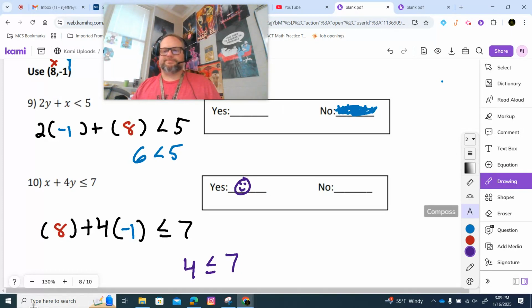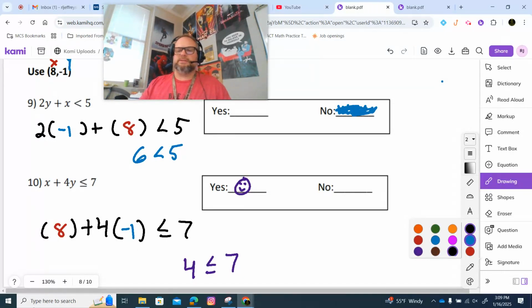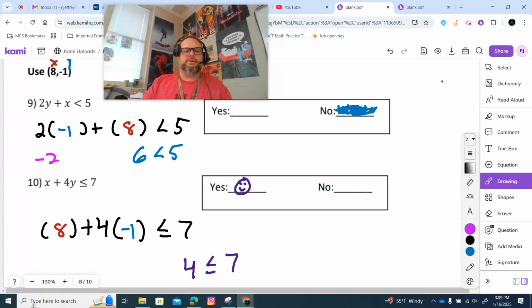Okay. So when I typed it in the calculator, it would have given me this. So 2 times, let's do this. So 2 times -1 is -2, and then plus 8. So -2 plus 8 is the same thing as 8 minus 2, which is 6.